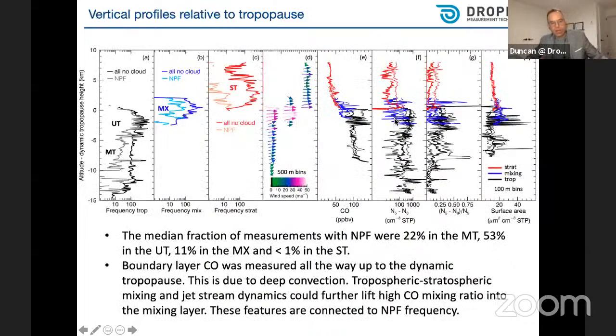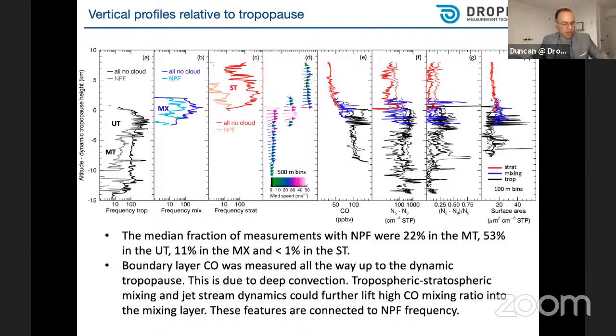So, summarizing the data in a different way, in this case I'm trying to understand the frequency of particle formation in these layers and what might be the cause for this particle formation.